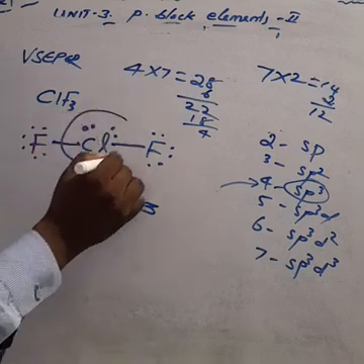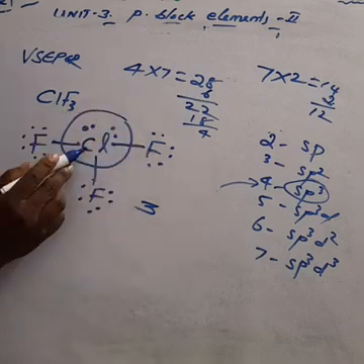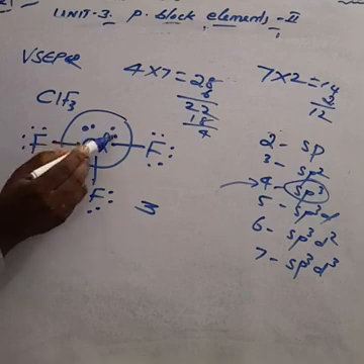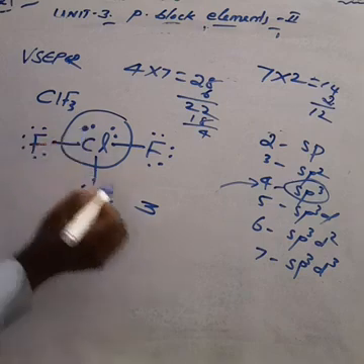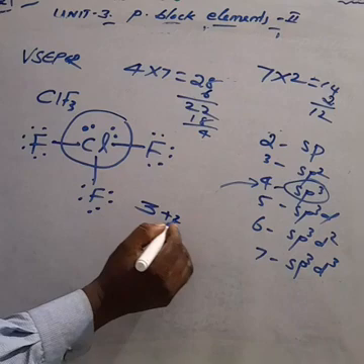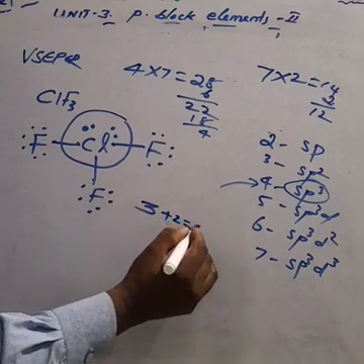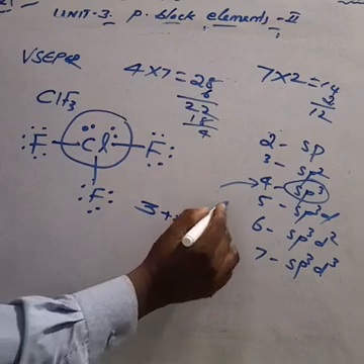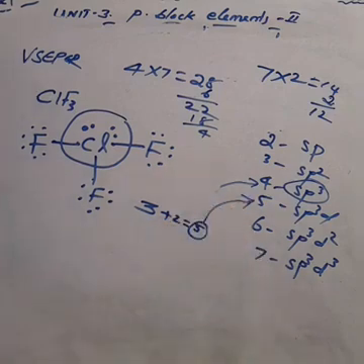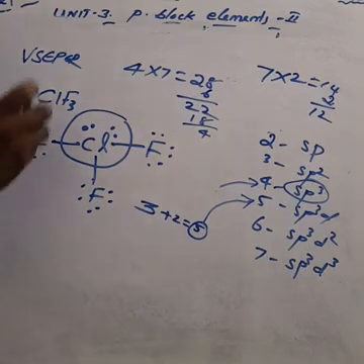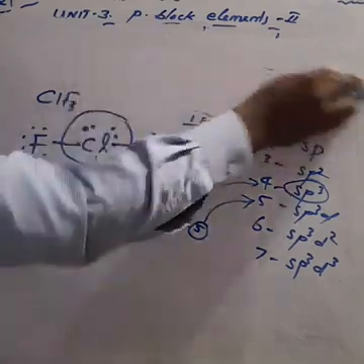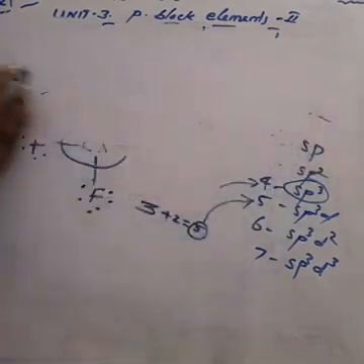The central atom is chlorine. How many lone pairs does the central chlorine atom have? 2 lone pairs of electrons. So 3 bond pairs and 2 lone pairs. Adding 3 plus 2, what is the number? 5. So 5 goes to which hybridization? sp3d hybridization. In such a way you have to practice, like AX5 and AX7.